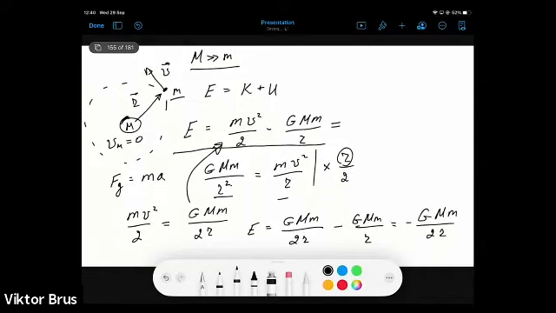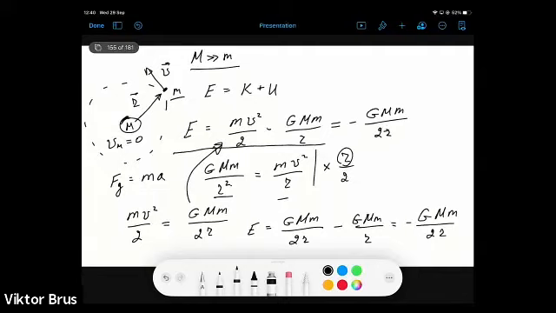So we see from this equation that the total mechanical energy of the system which interacts with gravitational force is equal to minus G M m divided by 2r.